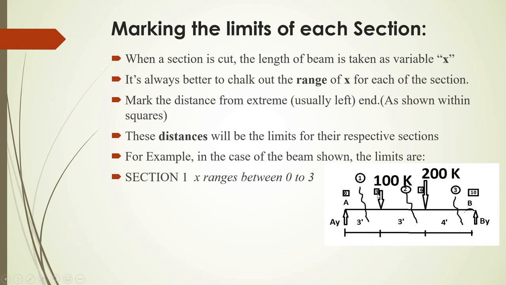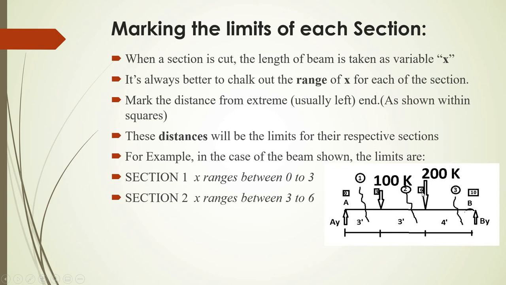So this is the lower limit 3, and if I add the distance up to the next force, this 3, to the lower limit, I'll get the upper limit for the second section, which is 6.